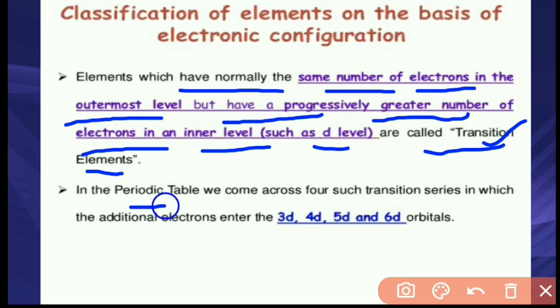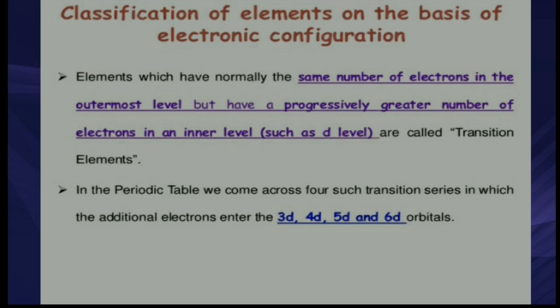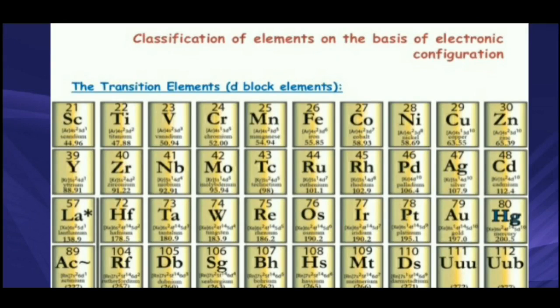In the periodic table, we come across four transition series, in which the additional electron enters the d orbitals: 3d series, 4d series, 5d series and 6d series. According to the orbital the last electron enters, the series name is given. These are the d block elements.